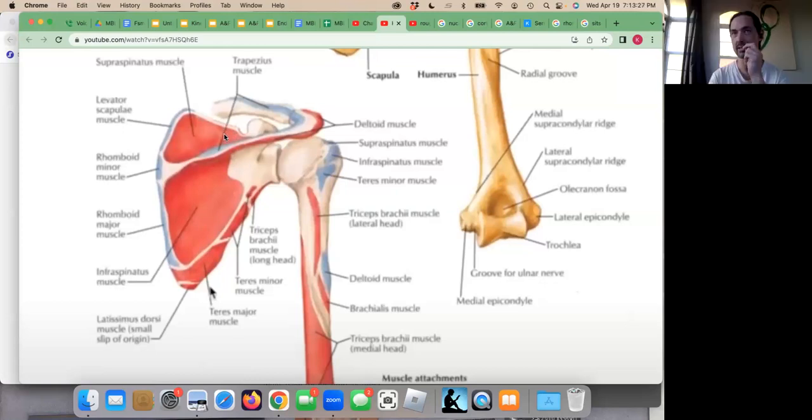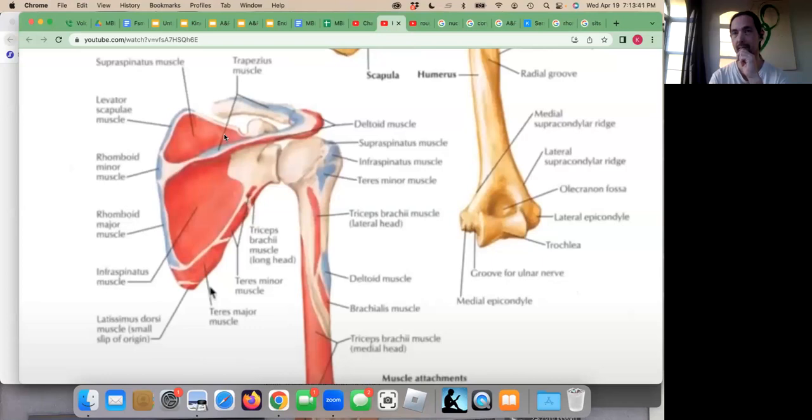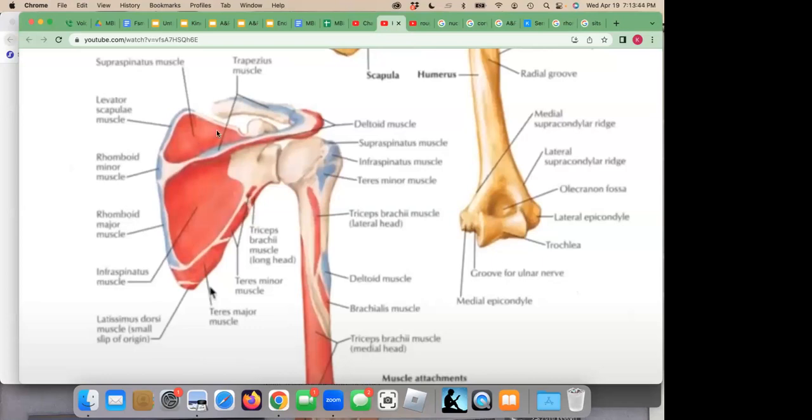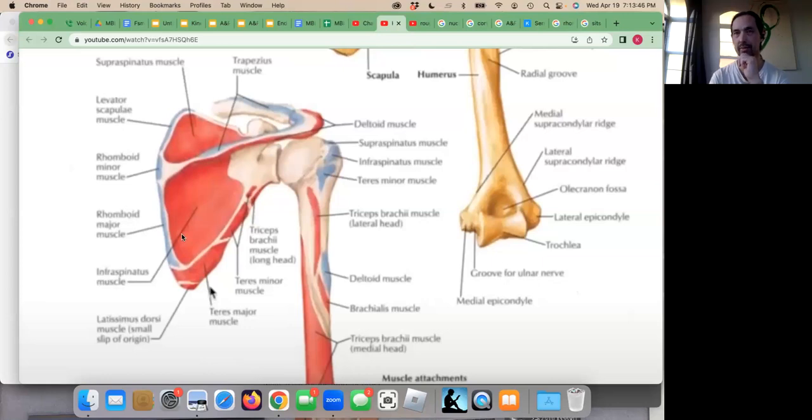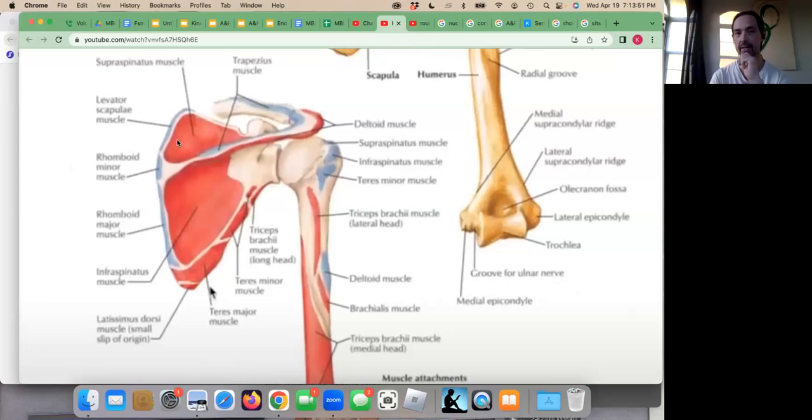So what muscle has in its name both superior and spine? Superior spine muscle versus inferior spine muscle. Yeah. So it's supraspinatus, and then infraspinatus. Okay, so spine of the scapula, and then you have the humerus, right?